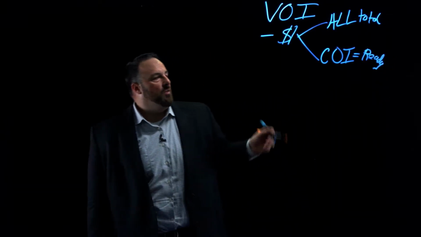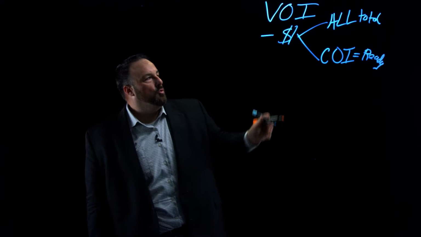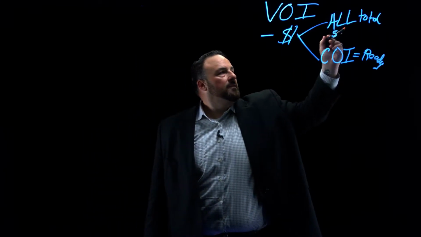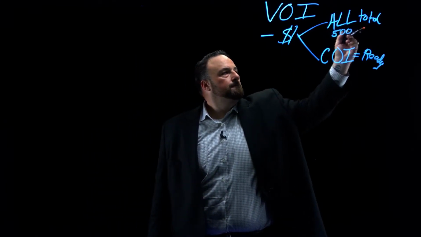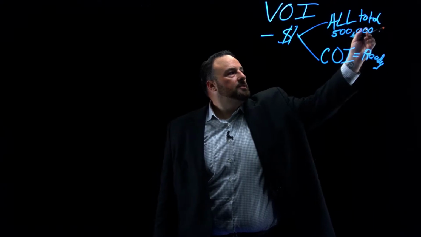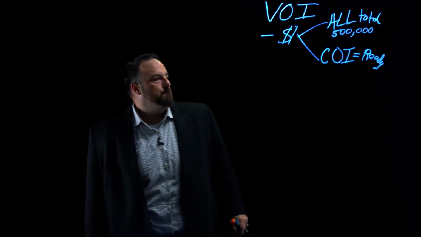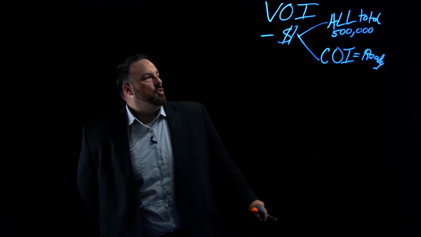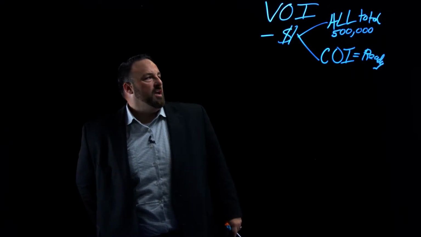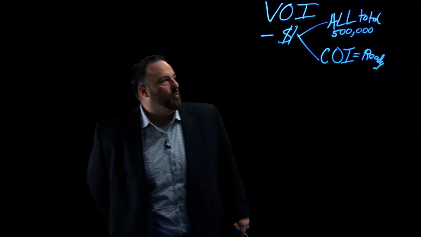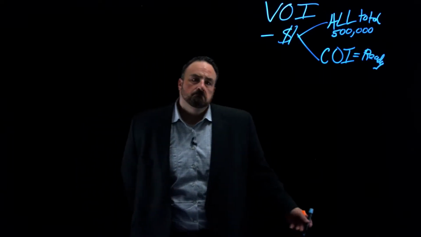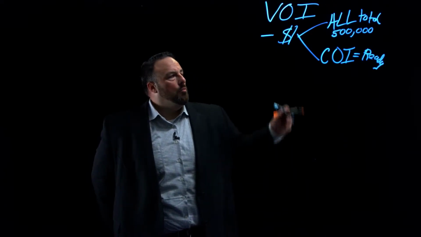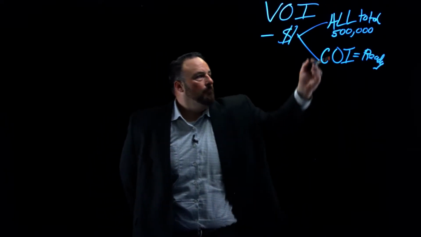Now, cost of items ready means if we took the total, say we had 500,000 products in total, okay? Dollars, that is, in total inventory. Well, let's say we wanted to divide our fiscal year up into 5 quarters. Now, is that the norm? Probably not. But with that said, it's just an easy example.